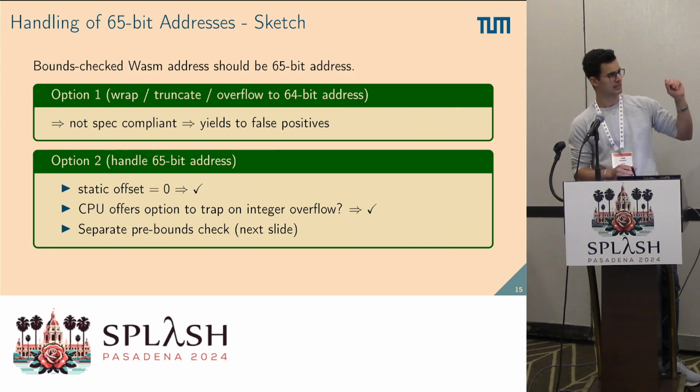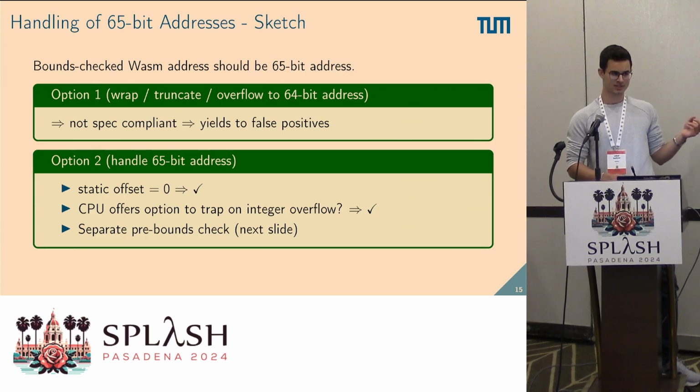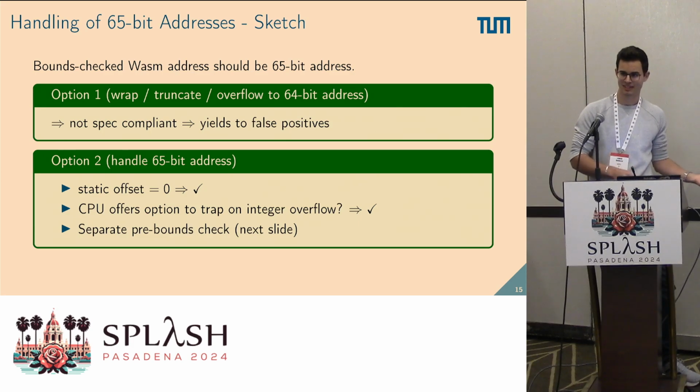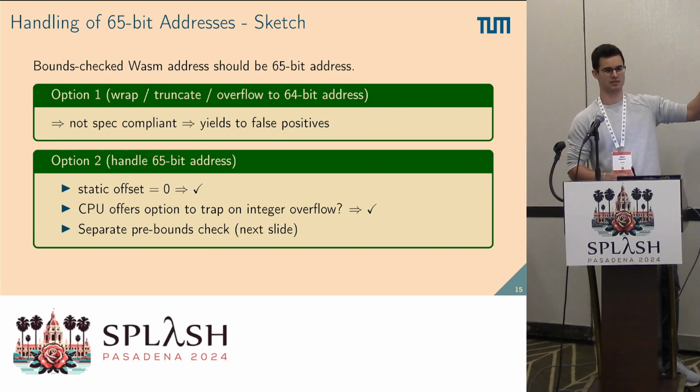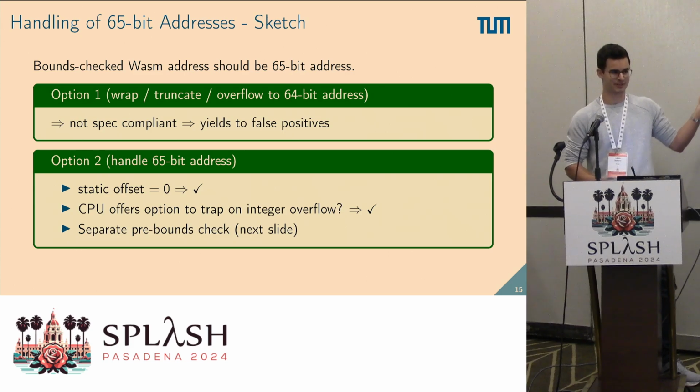We currently just wrap them or accept the integer overflow. This might yield false positives, so you might not get a trap even though you were supposed to get a trap. This is not a security issue though. You will just access wrong memory, but it's still your runtime's memory, not some out-of-bounds memory. This is not spec compliant.